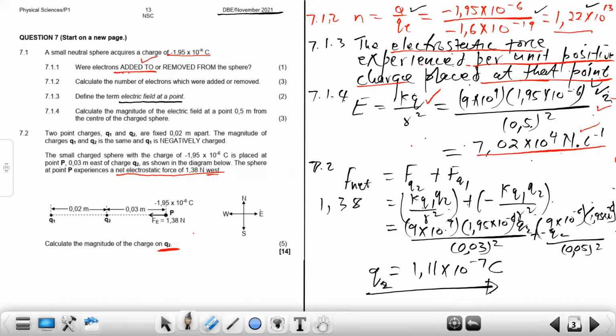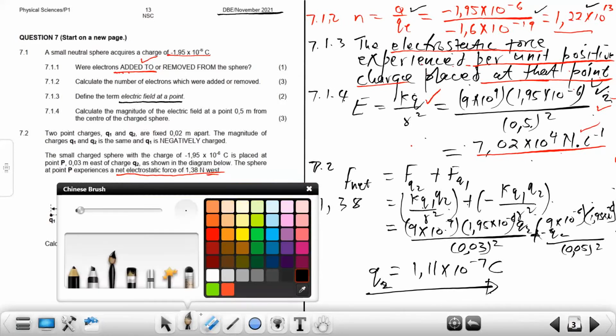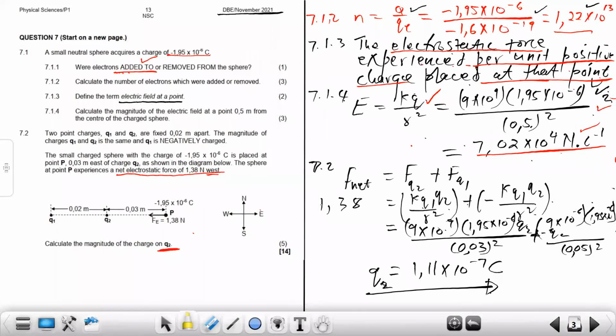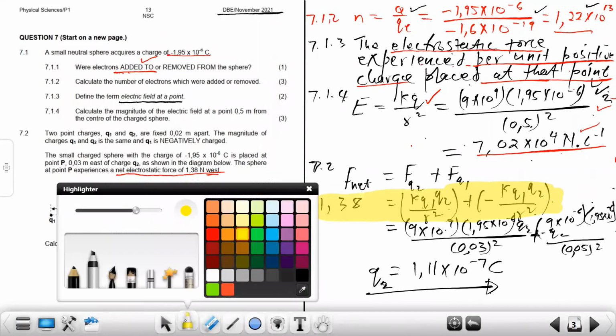I'm just sharing the approach. Kindly follow through. What is key, or the best way of doing this one, was understanding this particular step here. This step is key because you can only understand it fully if you draw a free body diagram.